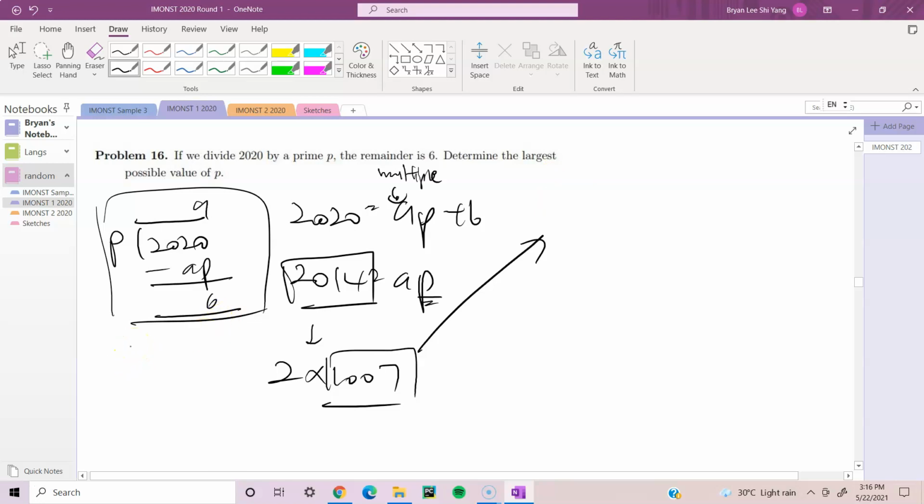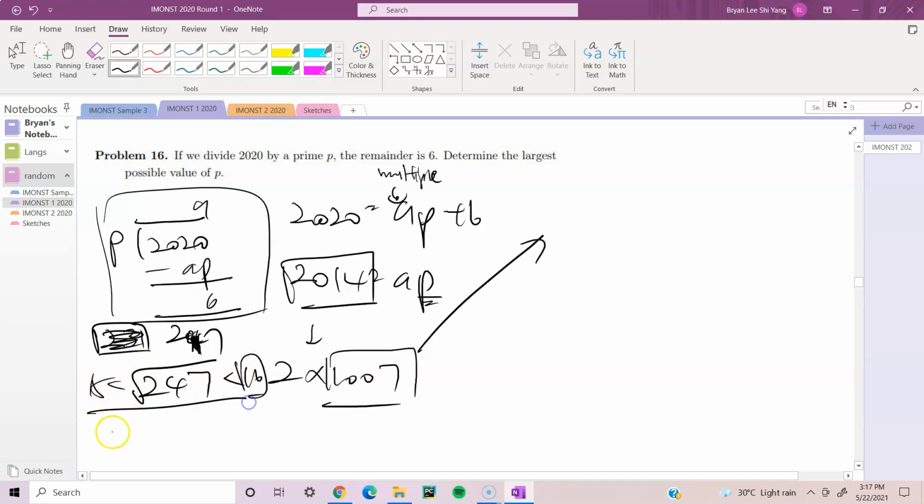Let me think of one. 231 is obviously not a prime, but okay, 247. 247, we don't really know if it's a prime, right? So let's take the root of 247. The square root of 247 is between 15 and 16, right? So what we need to do is check all the primes smaller than 16, and then see if they can divide 247.